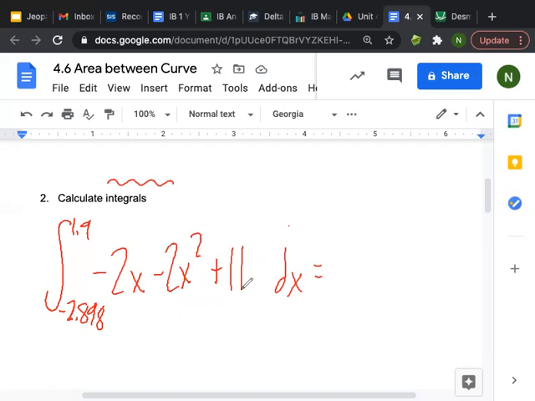For the first term, I add 1, so I get x squared. But then I have to divide negative 2 by 2, so I'm just left with negative x squared. Can you explain what you did? I'm integrating just this piece right here. Okay.